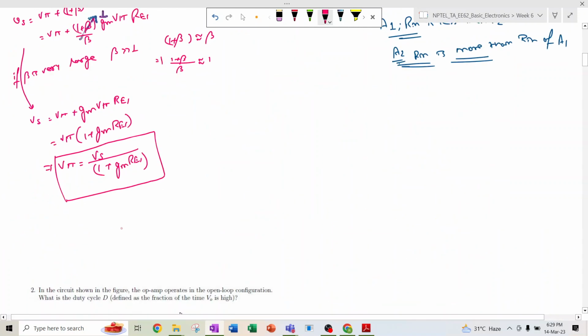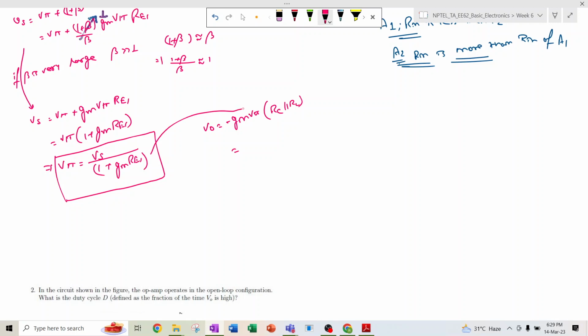So you put the value of V pi here, and you get minus GM Vs RC parallel RL divided by 1 plus GM RE1. This is okay, right?